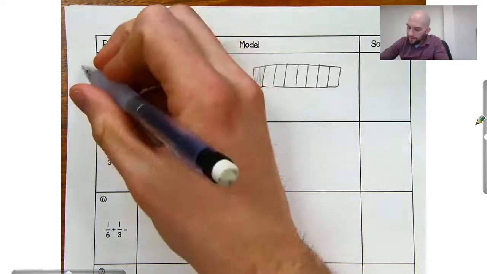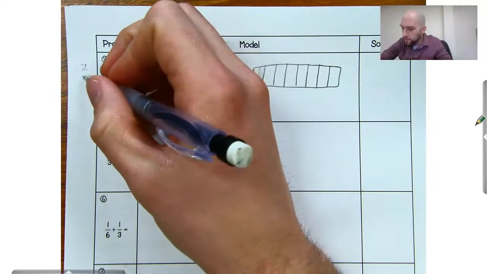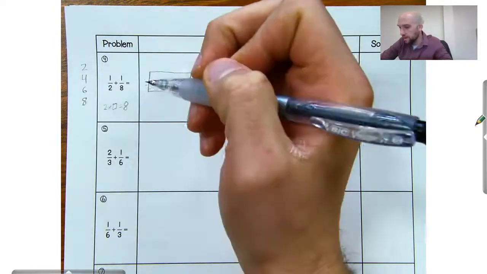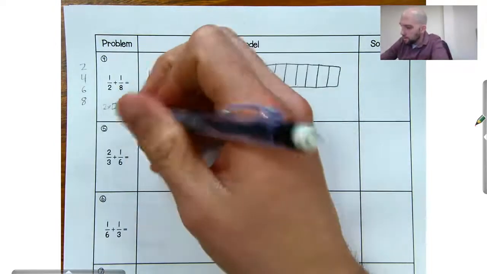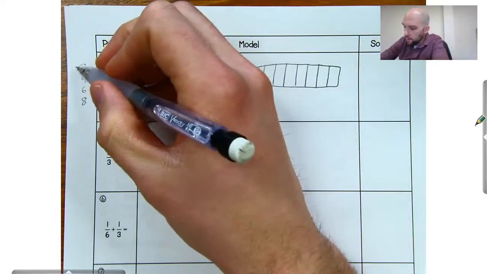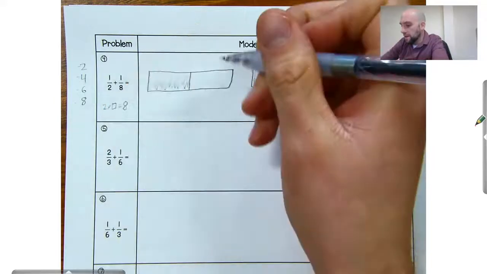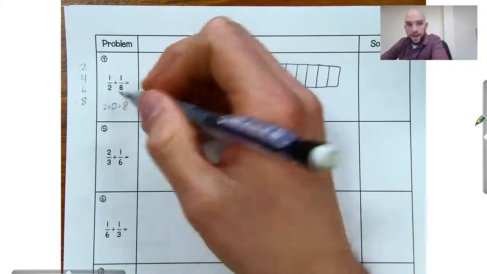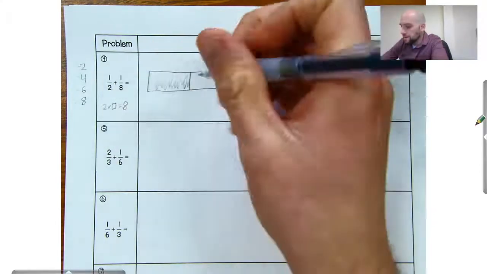I can use a fact tree to figure that out. I can skip count by 2's here. 2, 4, 6. Oh, and there's 8. And so I see that that'll be 1, 2, 3, 4. So 2 times 4 is 8. So I'll multiply both my numerator and my denominator by 4, and I'll end up with 4/8.